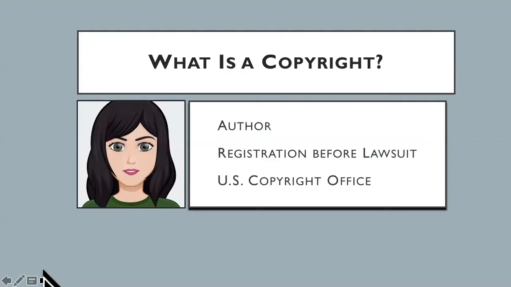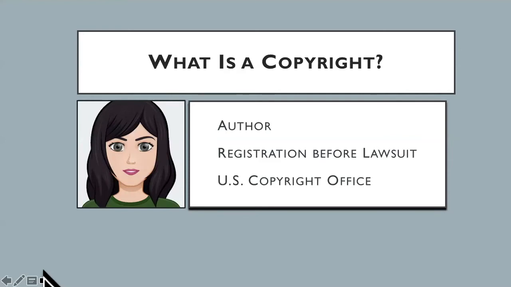Then if someone else copies that person's book, at that point, the author can register their copyrighted work, and then they can bring a lawsuit. Their registration has to be filed and registered with the U.S. Copyright Office before you can file a lawsuit.